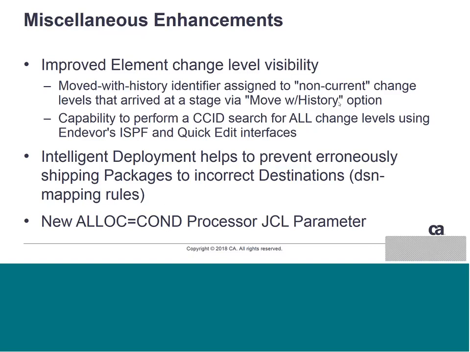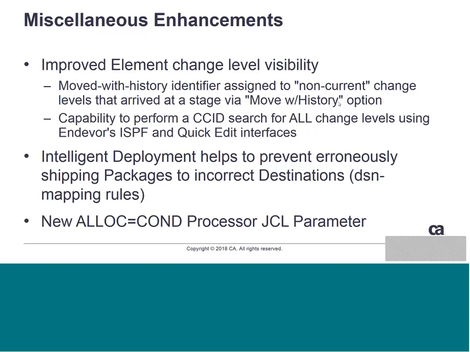And then lastly, under the miscellaneous, we've added a new processor JCL parameter called alloc=cond, which provides you with the capability of telling Endevor that this data set is conditional. What that means is if during a processor execution, Endevor does not find that data set, cannot allocate it, rather than failing the execution, it will see that it was a conditional allocation, and it will put out a message saying that it couldn't find it, but it was going to continue processing.